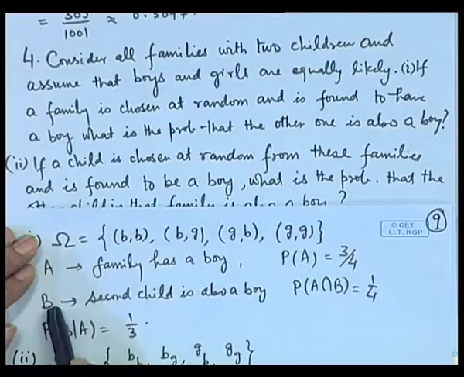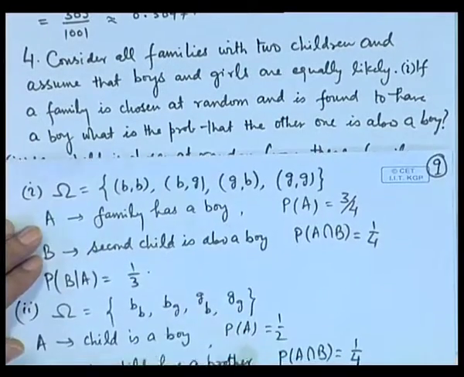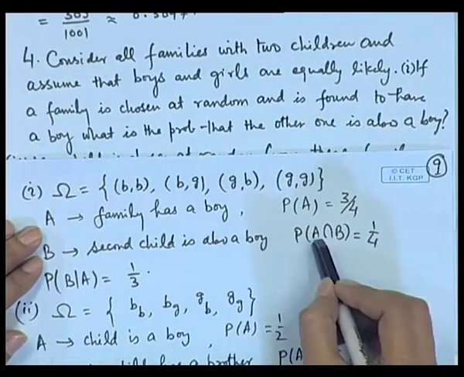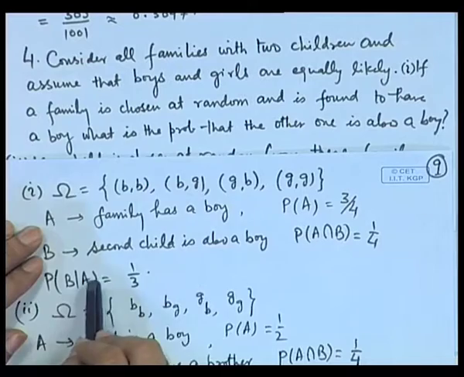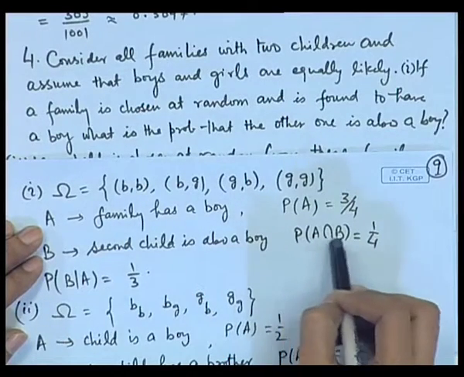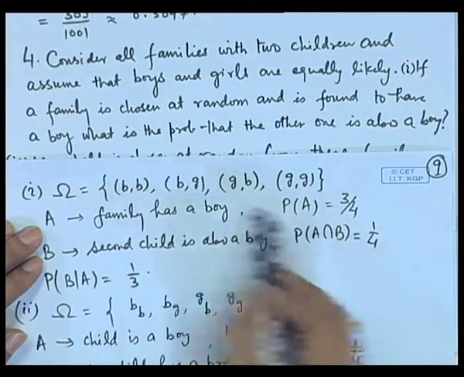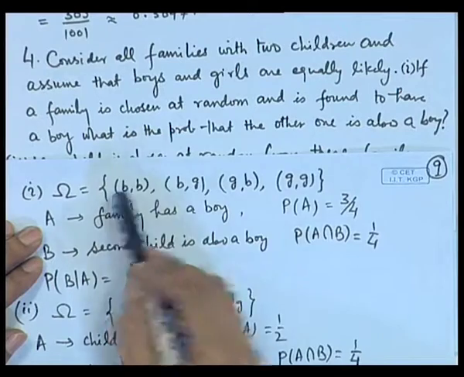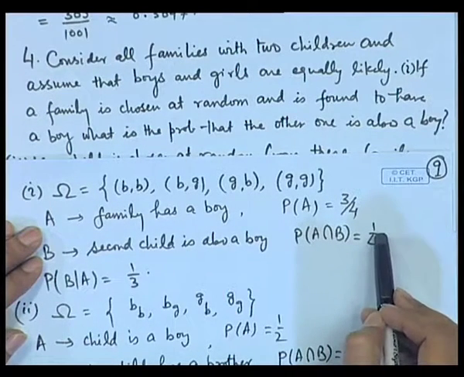So the family has a boy, and the probability of that will be 3/4. Now if I define the event B, that the second child is also a boy, then the conditional probability of B given A is the probability of A intersection B divided by the probability of A. The probability of A intersection B corresponds to the possibility that both the children are boys. This is only one possibility, and therefore the probability of that is 1/4.